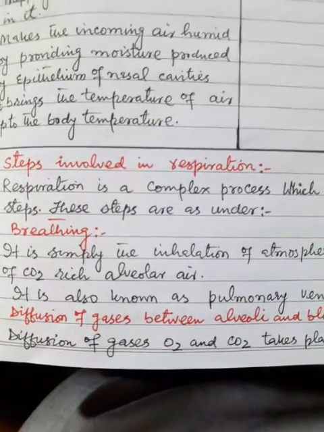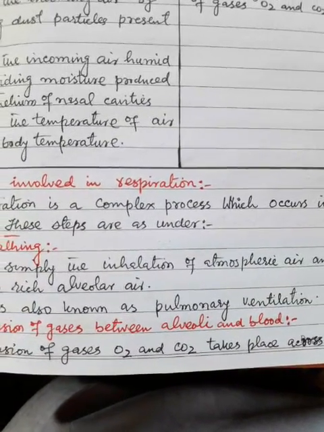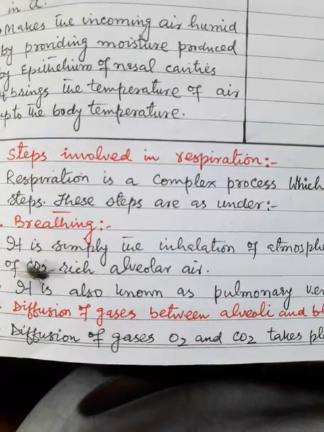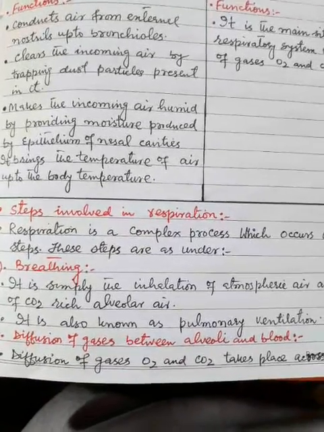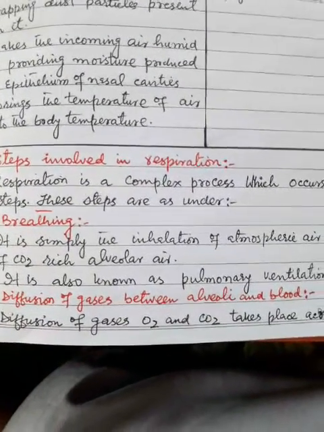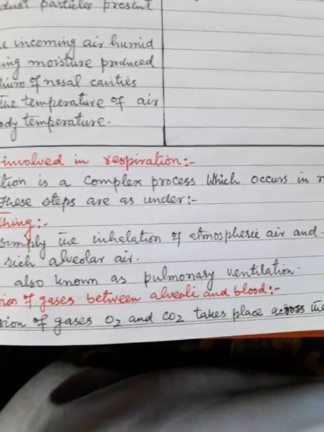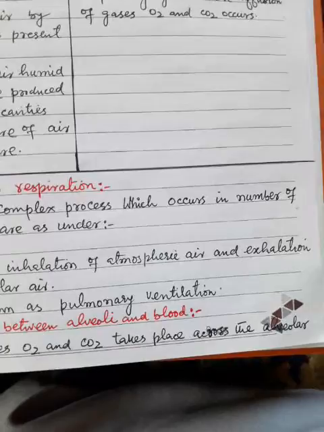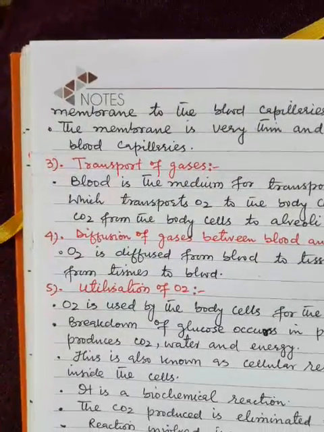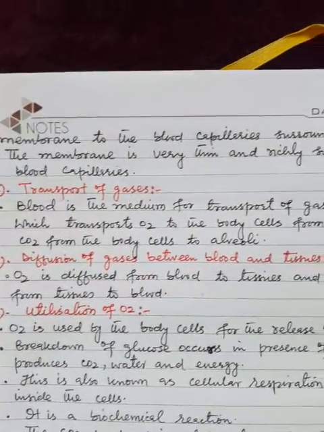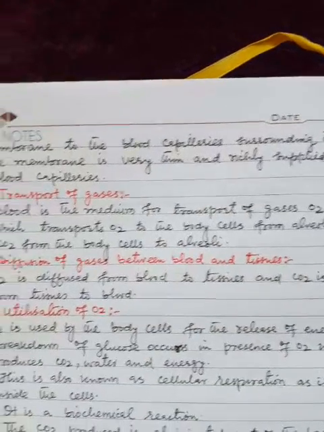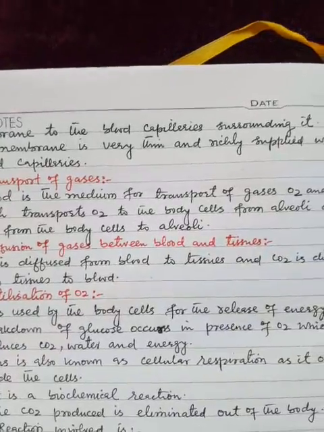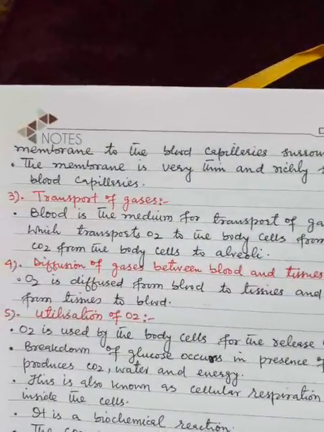It is also known as pulmonary ventilation. The second step in respiration is diffusion of gases between alveoli and blood. Diffusion of gases, oxygen and carbon dioxide, takes place across the alveolar membrane to the blood capillaries surrounding it. The membrane is very thin and richly supplied with blood capillaries.